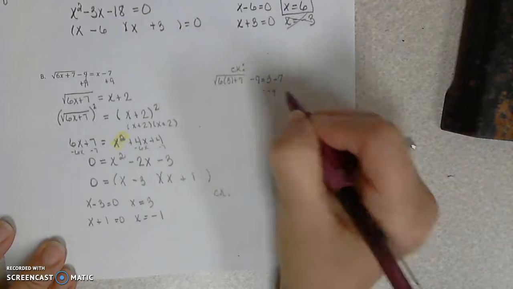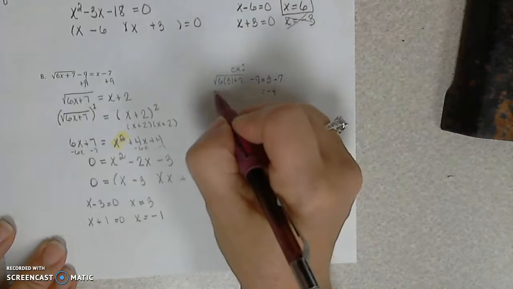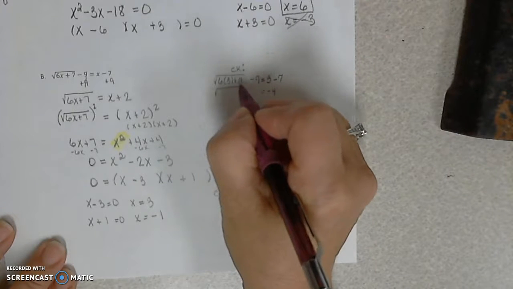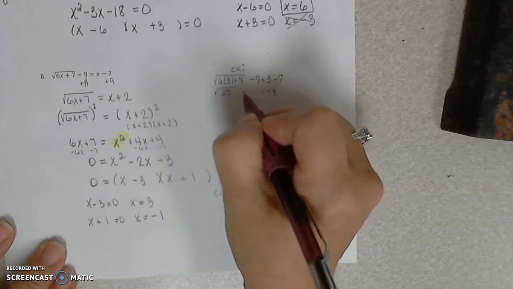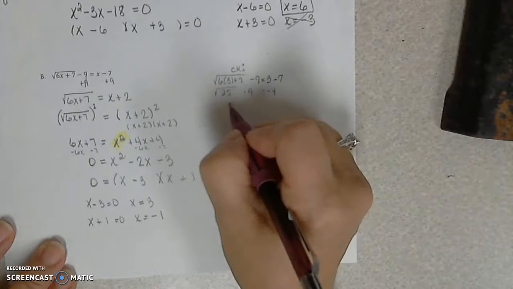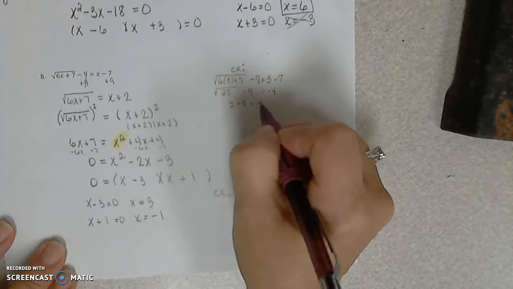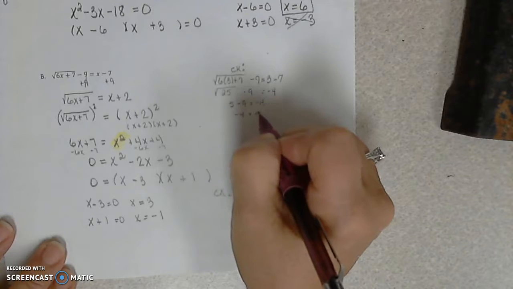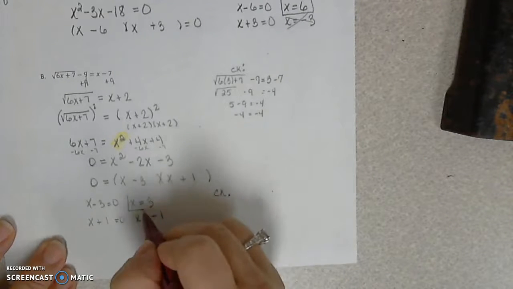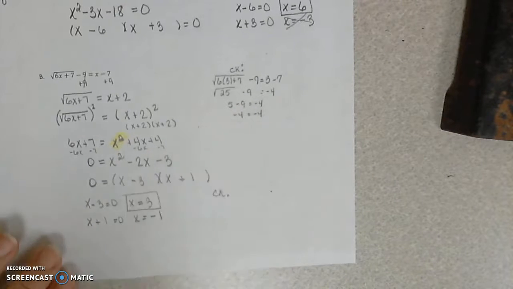Well, I know it's negative 4. This would be 18 plus 7, which is the square root of 25. 5 minus 9 does indeed equal negative 4. So x equals 3 works.